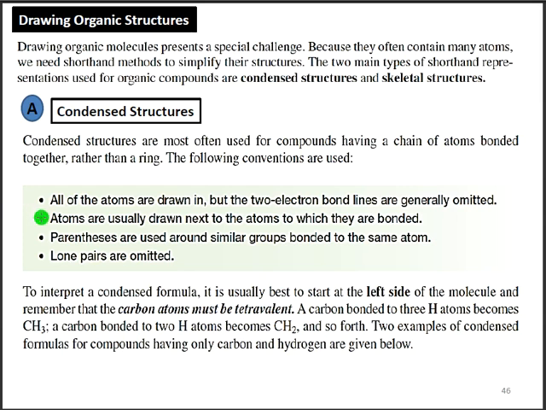Atoms are usually drawn next to the atom to which they are bonded, like CH3, drawn next to the atom they are actually bonded to. Parentheses are used around similar groups bonded to the same atom. I will explain this.